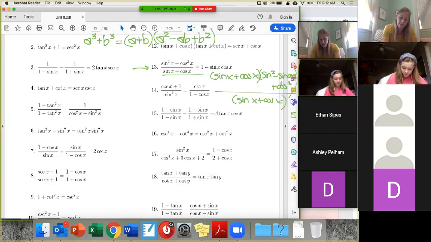So what happens to my sine plus cosines, top and bottom? Cancel. And then all I'm left with right now is sine squared minus sine cosine plus cosine squared. Well, this turns into that 1. But my point on that one is if you don't know the cubic formula, it's literally impossible.